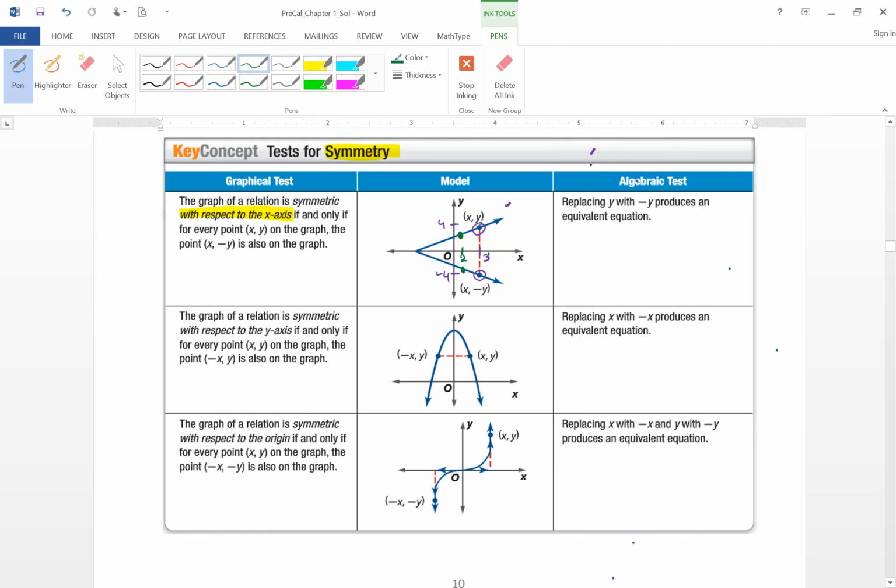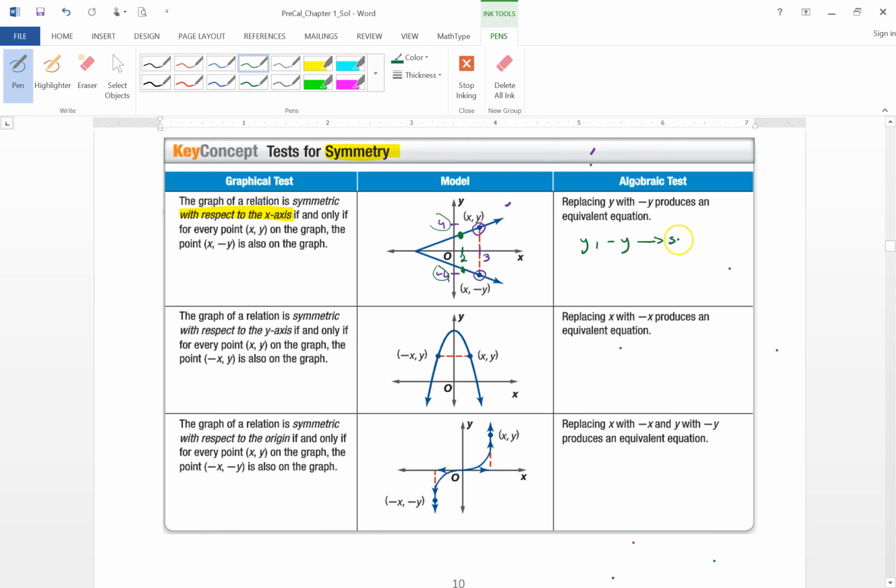Looking at it another way, both +4 and -4 correspond to the same x value, right? x equals 3. So whether you have positive y or negative y, you get the same value for x, okay?